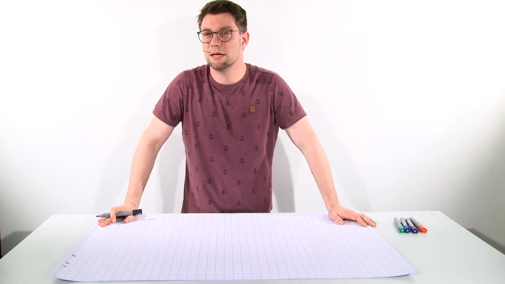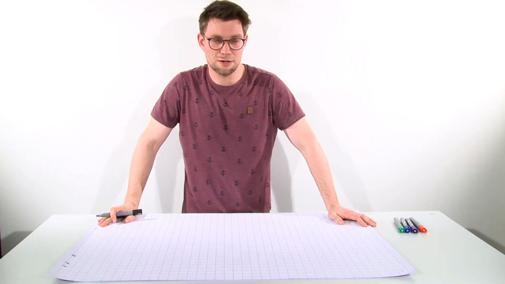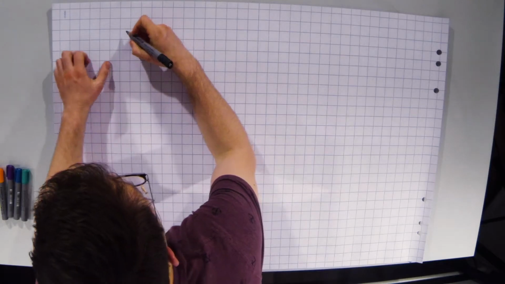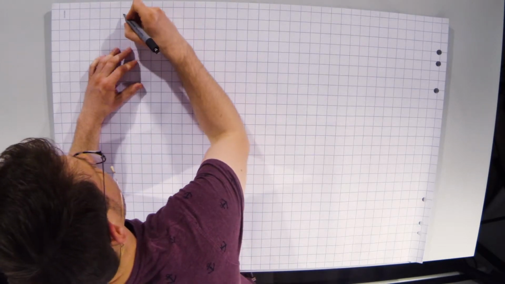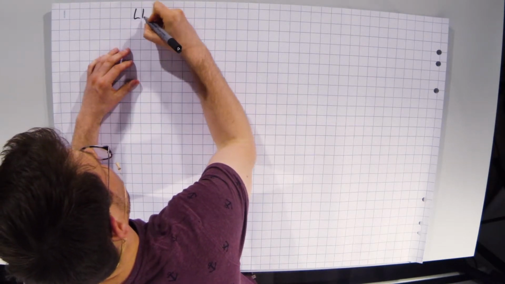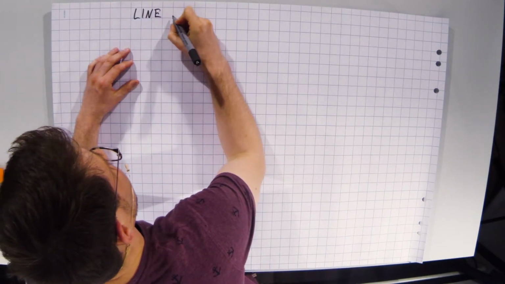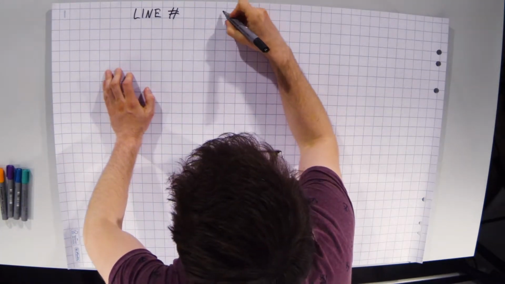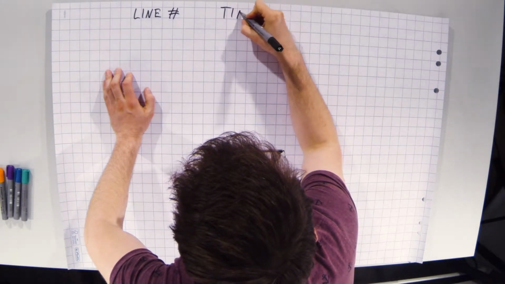Let's proceed making a short script to understand better what makes up a macro. So we define our lines. Say here line number. Then we need our time parameter.